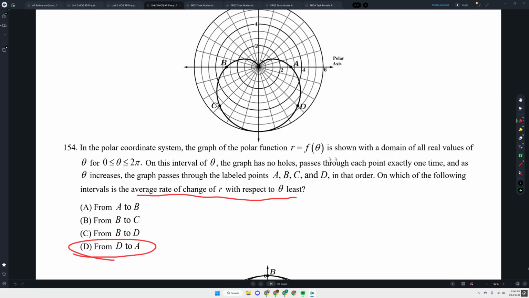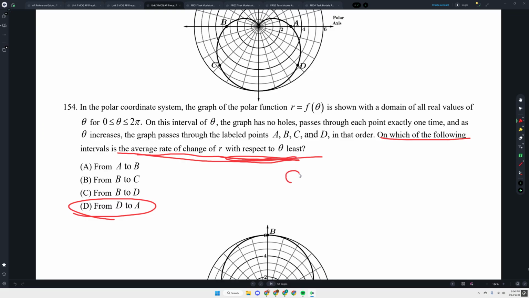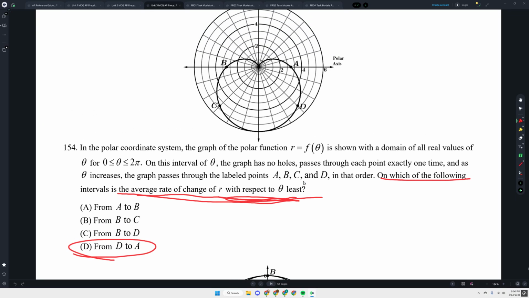Okay, explain. It says which of the following rates of change is the least with respect to theta. So we know our slope equation was y2 minus y1 divided by x2 minus x1, or f of b minus f of a divided by b minus a.